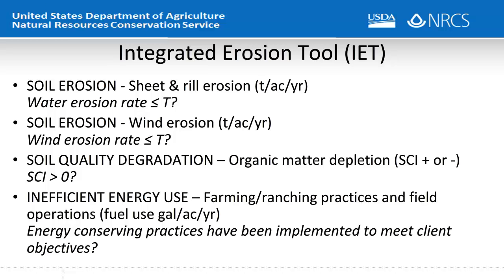And the inefficient energy use, farming, ranching practices, and field operations concern, whose units are fuel use gallons per acre per year. We have already answered the assessment question as false, so the concern is present, but IET can give us benchmark fuel use that we can use later to assess alternatives that we may develop.